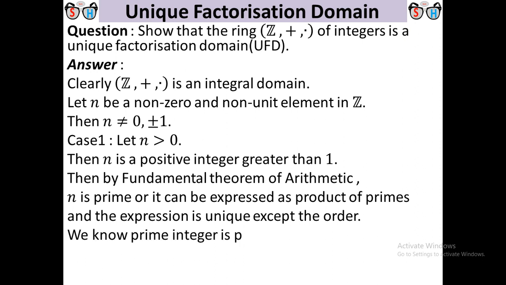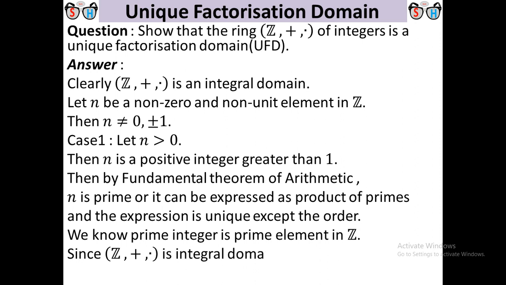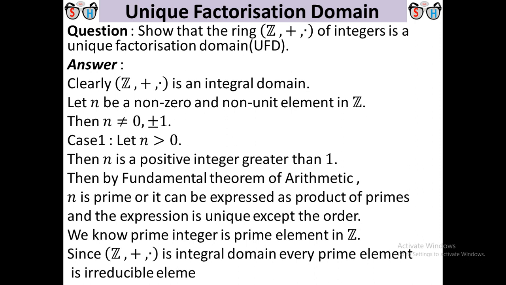We know that prime integers are prime elements in Z. Also, prime integers are irreducible elements. Since Z is an integral domain, every prime element is irreducible. Here prime integers are prime elements in Z. Again, since this is an integral domain, every prime element is an irreducible element.